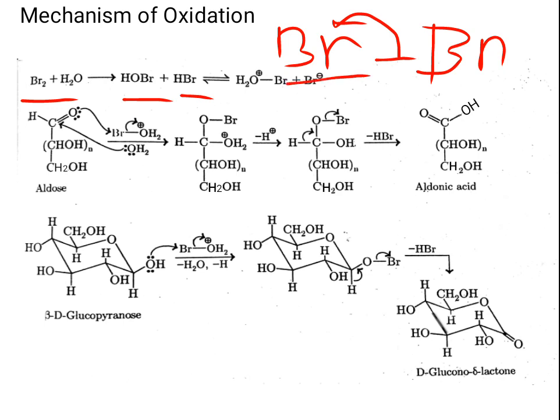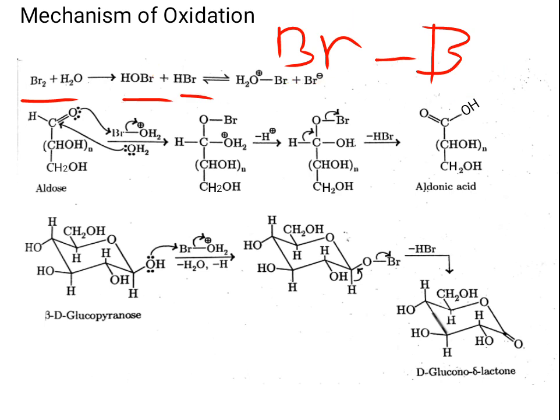So the Br minus will take a proton and form HBr, and the Br plus will form HOBr, where this Br is plus and OH is minus, and here this Br is in the minus oxidation state.